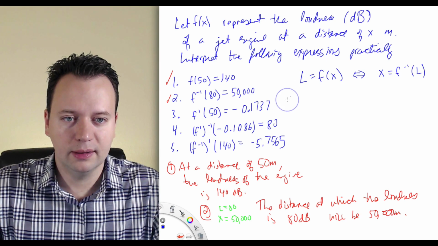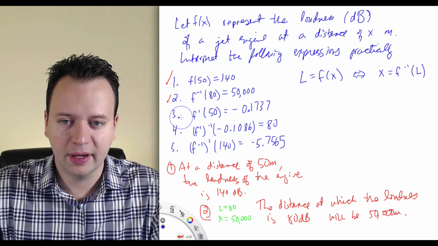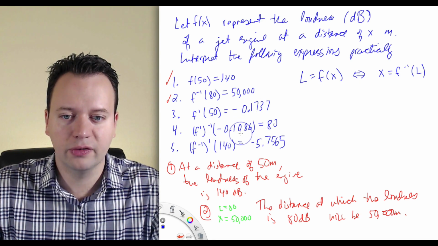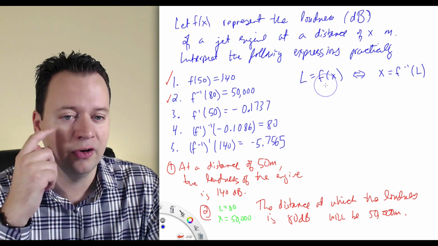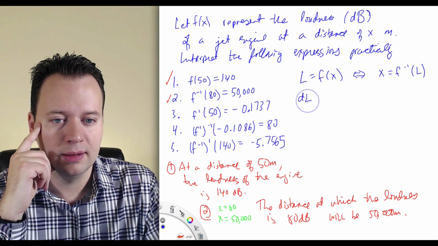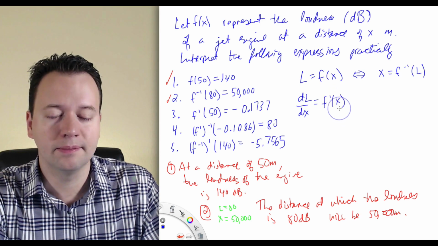Now the next ones are the ones that get a little bit more complicated. The next one's not too bad, it's just the derivative, and the final two are the complicated ones. So taking the derivative of the function f, we get dL dx is equal to f prime of x.